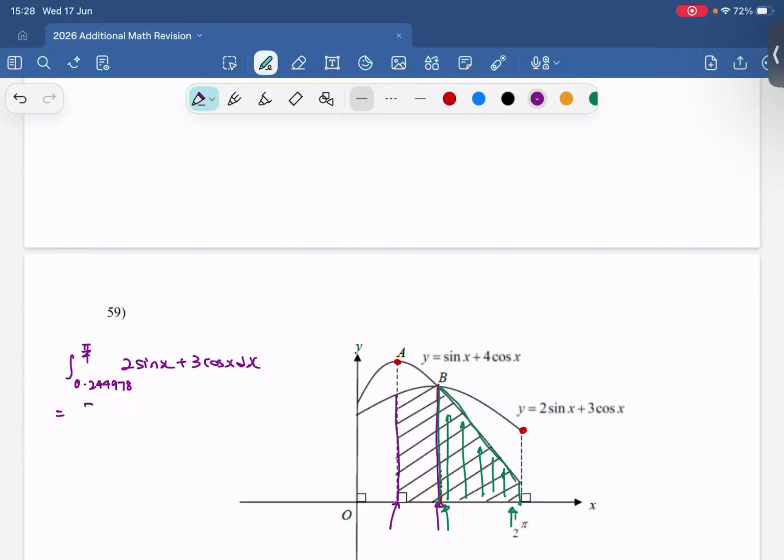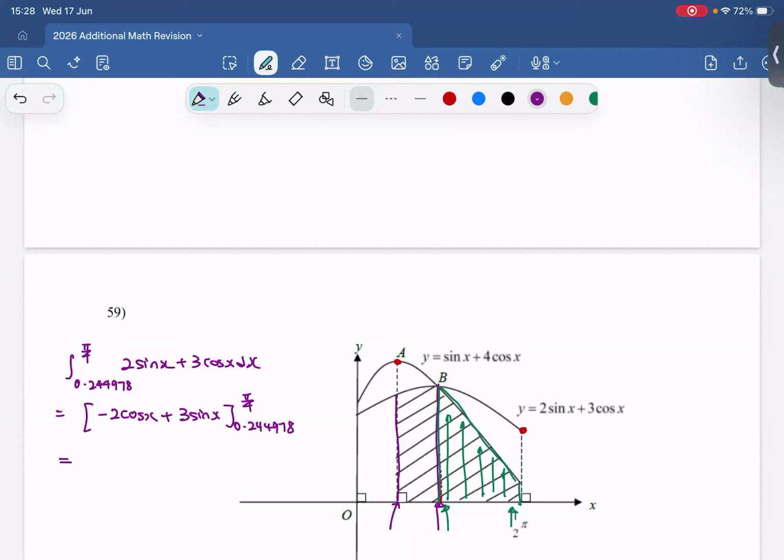So to integrate this, integrate sine is negative cosine. Integrate cosine is sine. I just put into calculator.